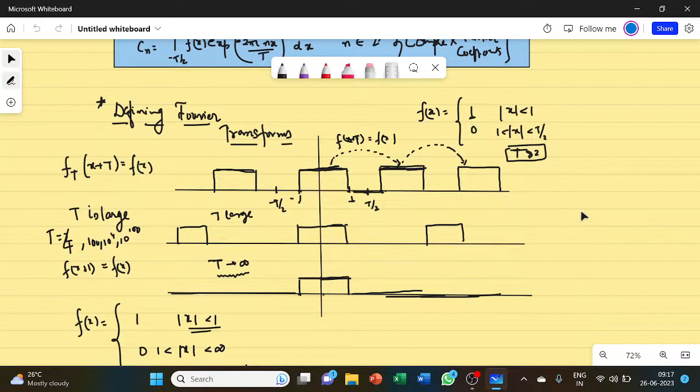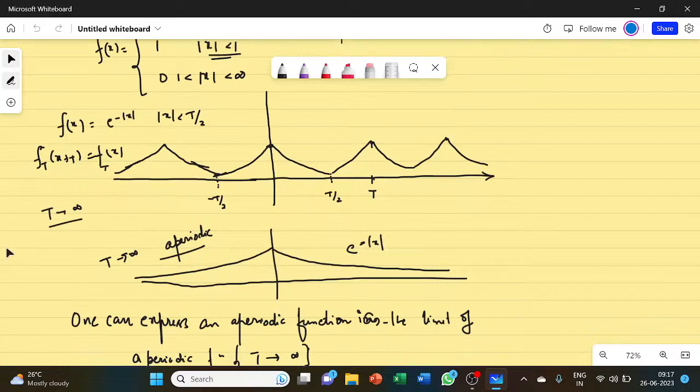While taking T tending to infinity and the parameters associated with it, we got this kind of thing.